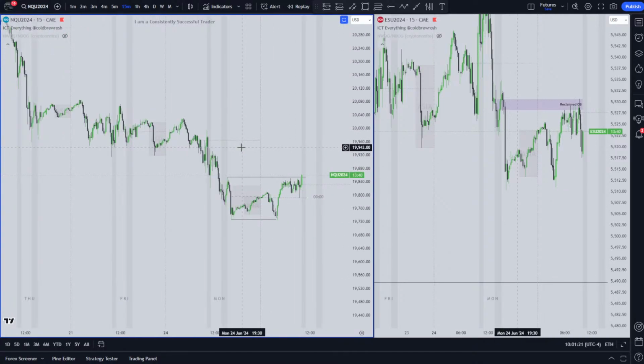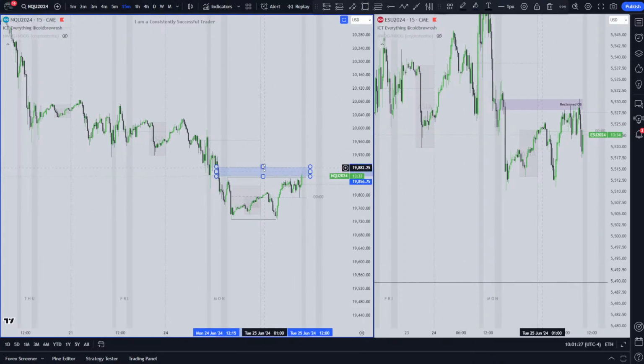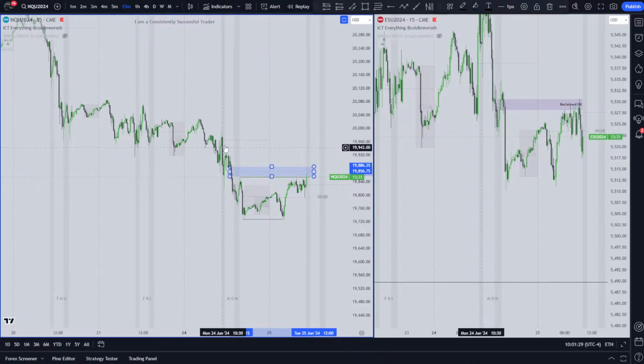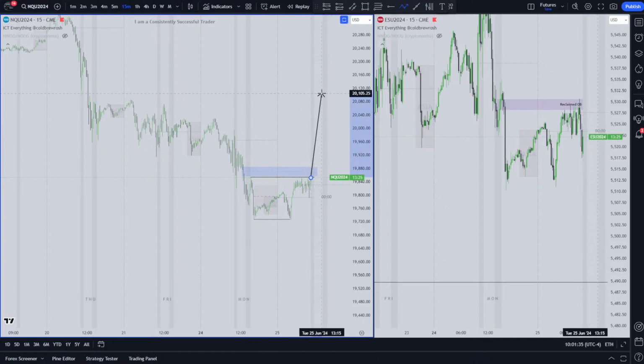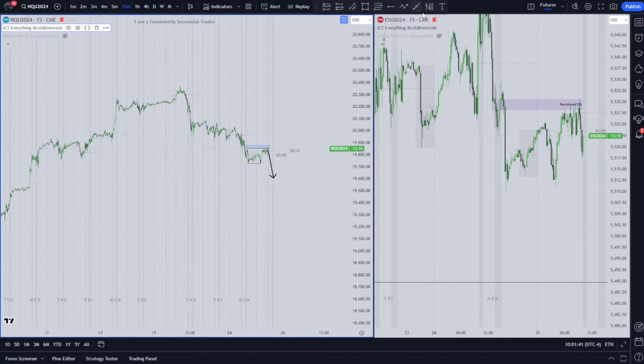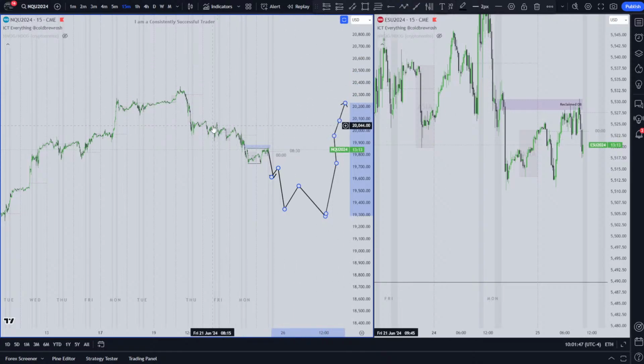The only thing I don't like about this is that, yeah, I agree with the bias of going lower, but maybe it's saving this, because it doesn't have to take this now, or even tomorrow. It could be saving that for that larger market maker model, to then come up and take it. But that is some nice liquidity there.